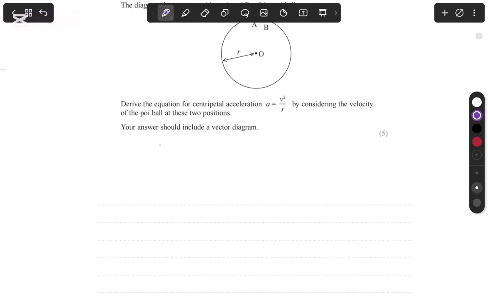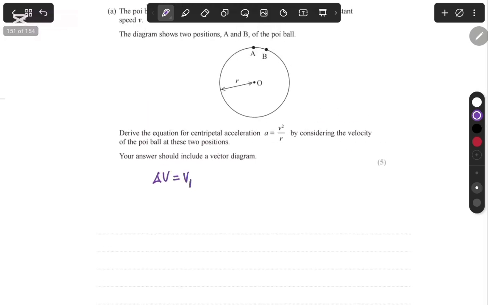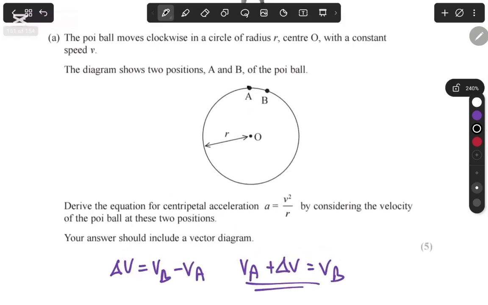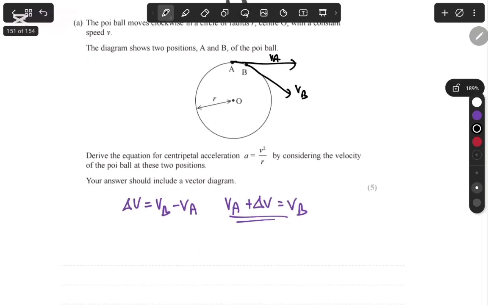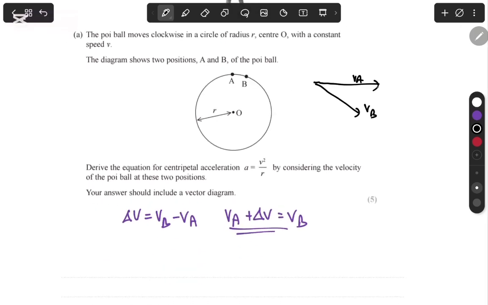First off, we know change in v is equal to velocity at B minus velocity at A. Velocity at A plus change in velocity is going to be velocity at B. Then we can write it like this: this is velocity at A, this is velocity at B. Now we can make a triangle out of this.